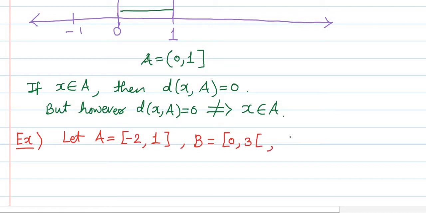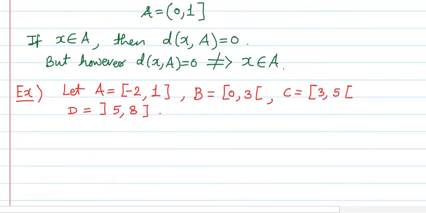Next, let C be the semi-open interval 3 to 5, and D is the semi-open interval 5 to 8. Then we'll find the distances between these sets A, B, C and D. We'll study this example by drawing the number line. I am drawing the real line here.